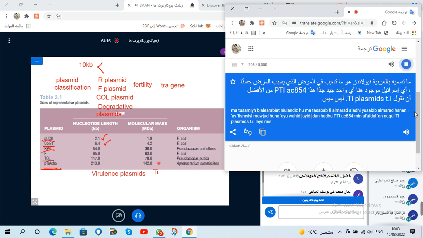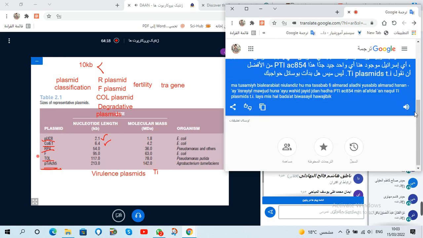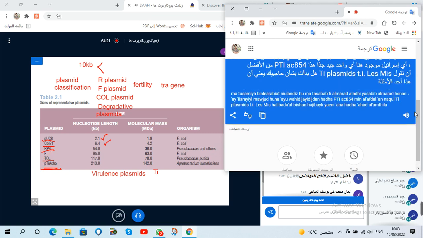Did you study about Ti plasmids? This is one of the examples of Ti plasmids.